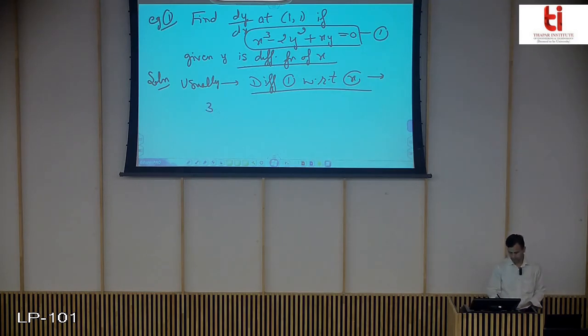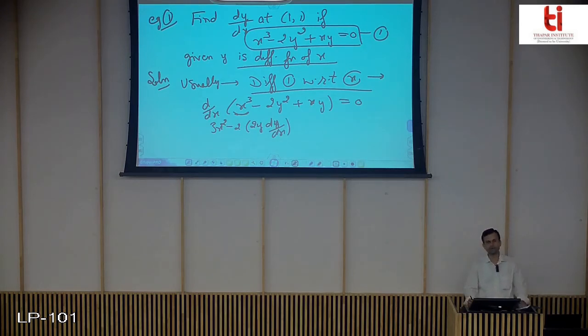So the differentiation of x cube is 3x square, then minus 2y square gives minus 4y dy dx.